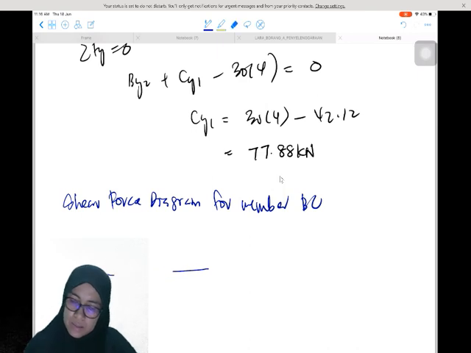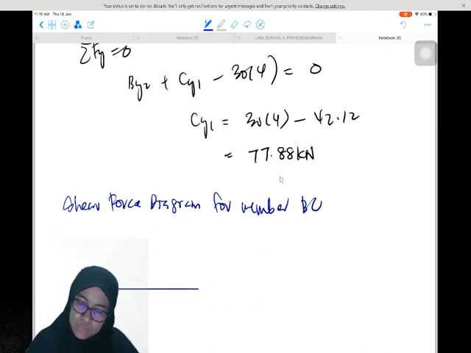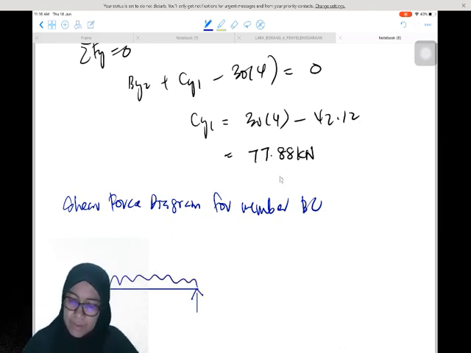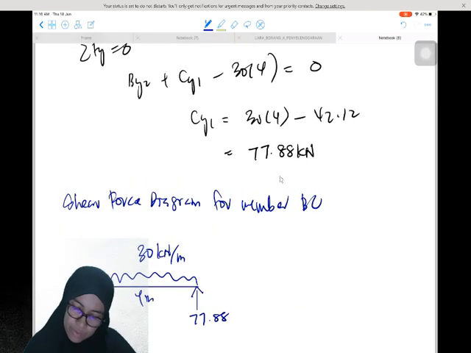Here the reaction is 42.12. The load is 30 kilonewton per meter over 4 meters. CY1 is 77.88, and the other reaction is 42.12.